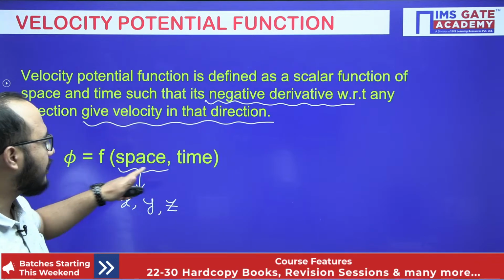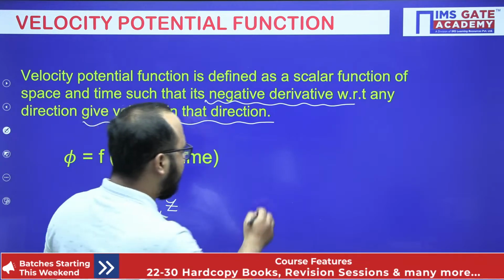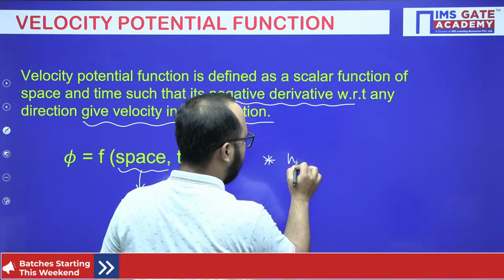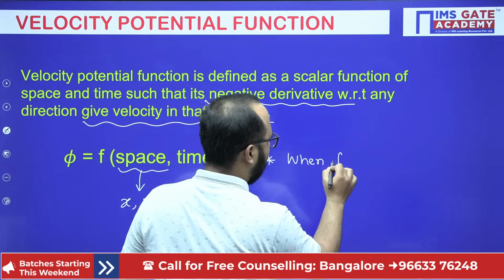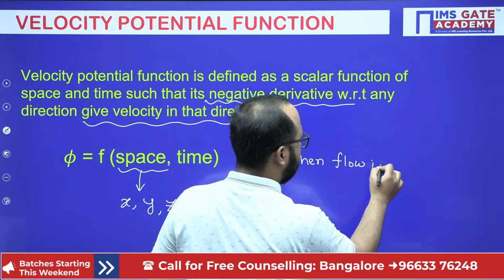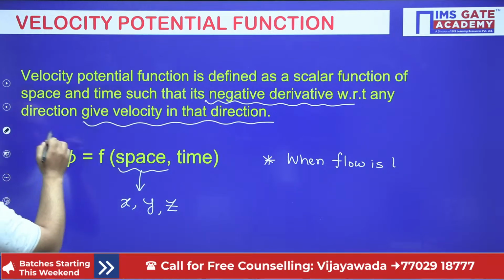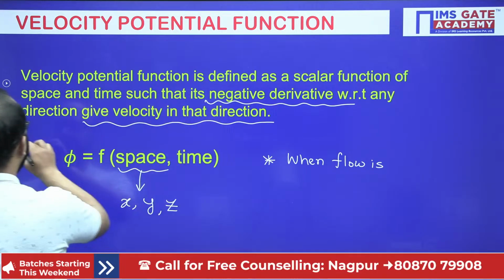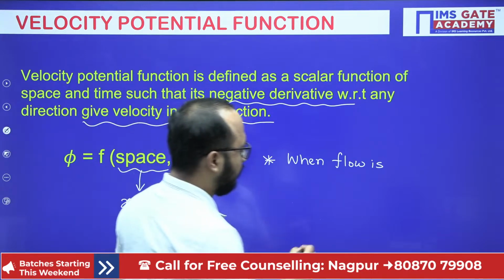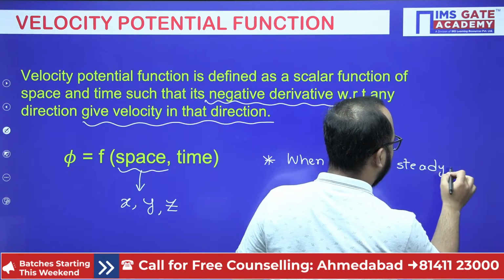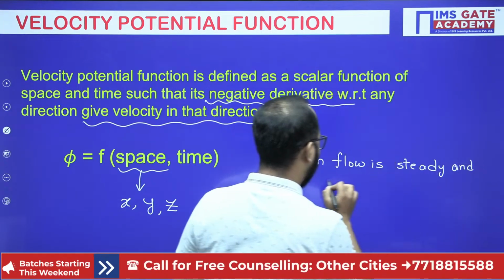Now see, usually phi is a function of space and time, but I will consider a case when the flow is steady, because that will be the most usual case. The most common case is when we have a steady condition, when the flow is steady and incompressible.